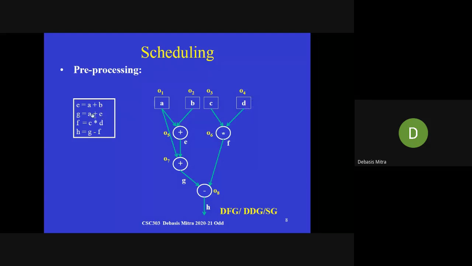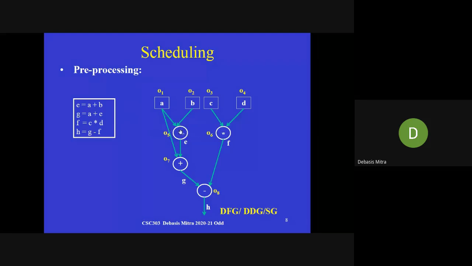E has to be evaluated by evaluating this first statement. Unless this first statement gets executed, the value of E is not available to you. Understood? Yes, sir. Okay.